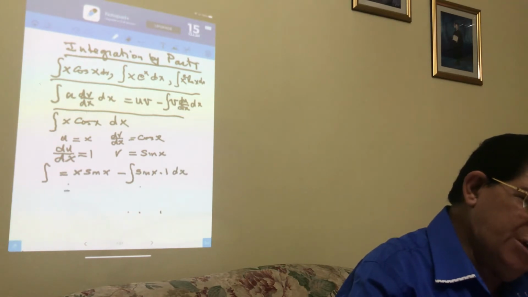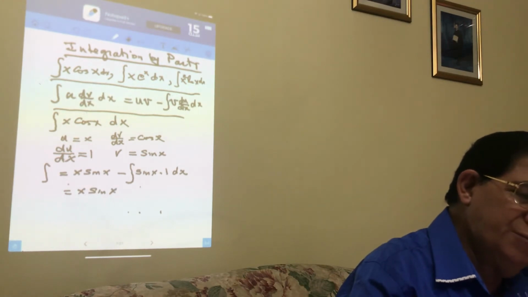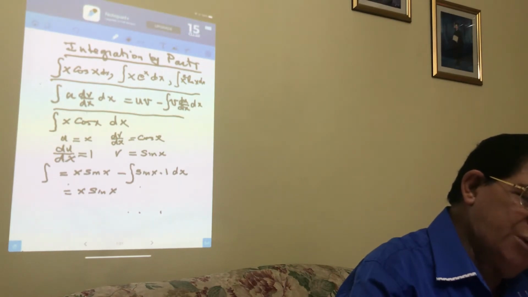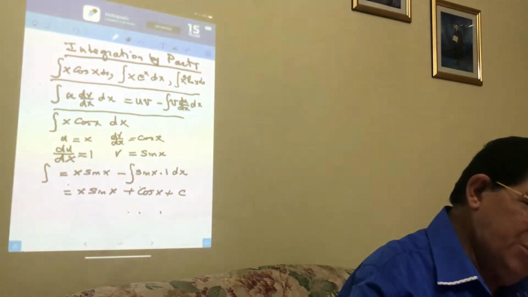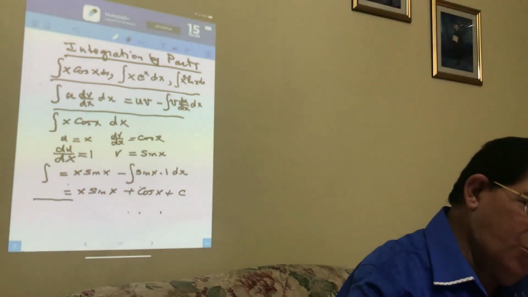Therefore, the answer is x sine x minus the integration of sine x, and the integration of sine x is minus cosine x. We take the minus outside, therefore we say plus cosine x plus c. This is how we applied the rule.